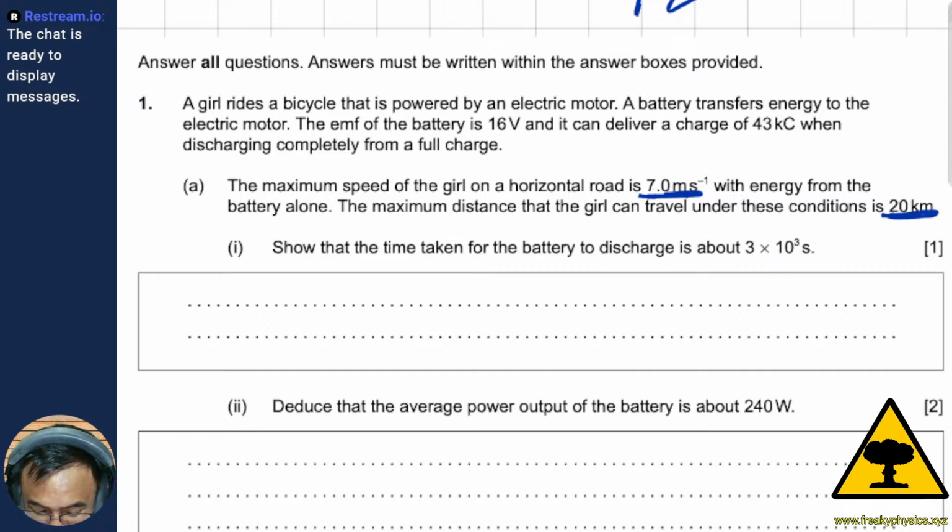Sorry, but what do they mean by battery to discharge? This part, right? Okay. So whenever you have a battery, it has a certain charge to it.